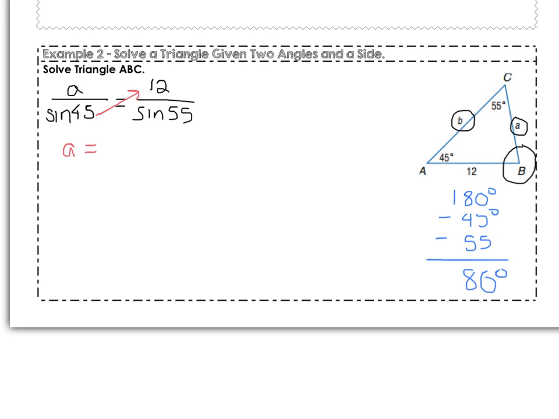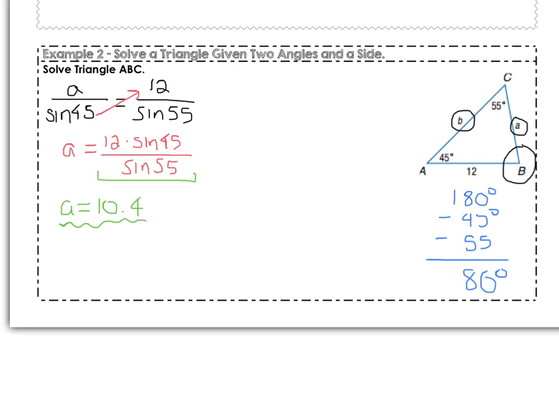So A is going to be 12 times sine of 45 divided by sine of 55 degrees. Now, please be aware, whenever you're typing this expression into your calculator, you do need to be in degree mode. And when you type in this expression, so long as you are using proper parentheses and proper order of operations, you get that A is approximately 10.4 units, okay?